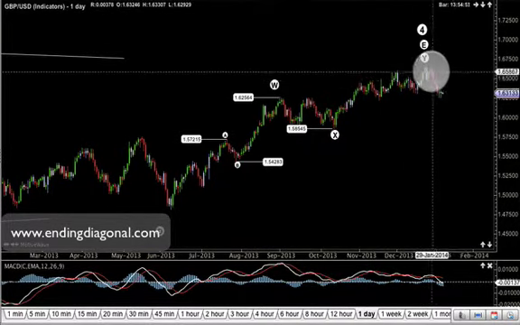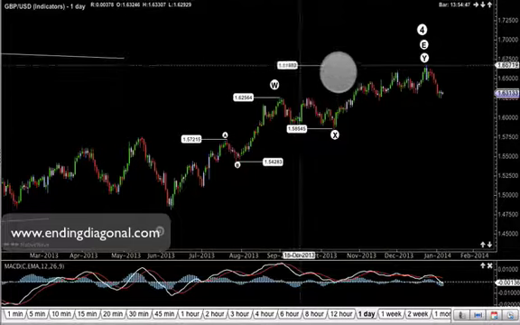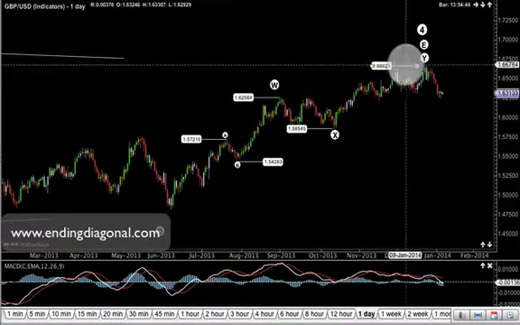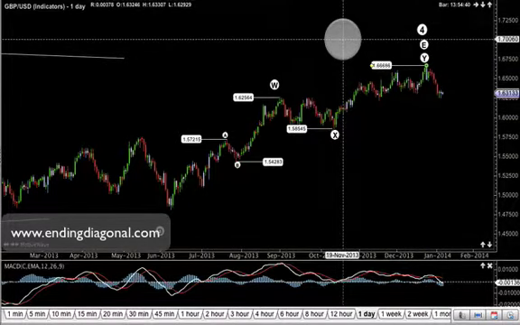And what we have seen since the high here, let's just label that at 166.69.